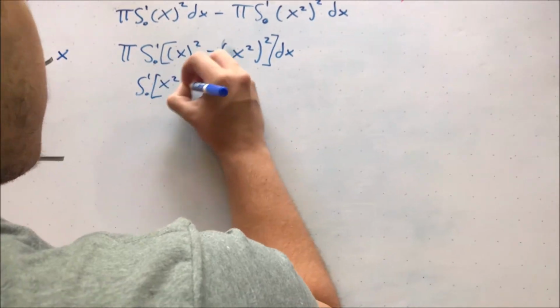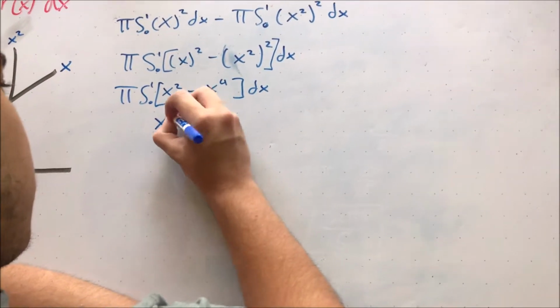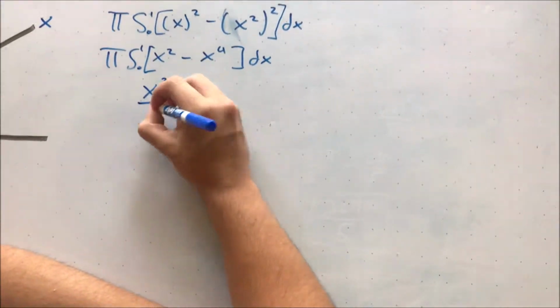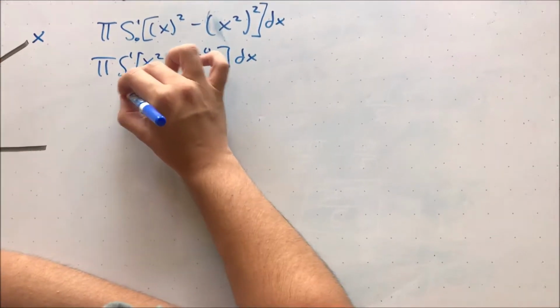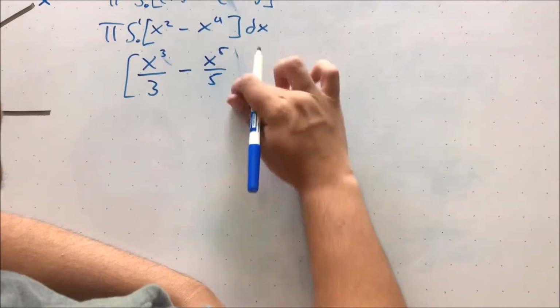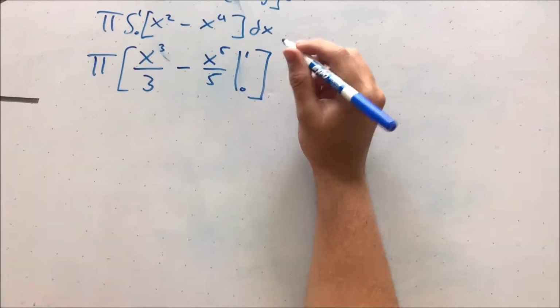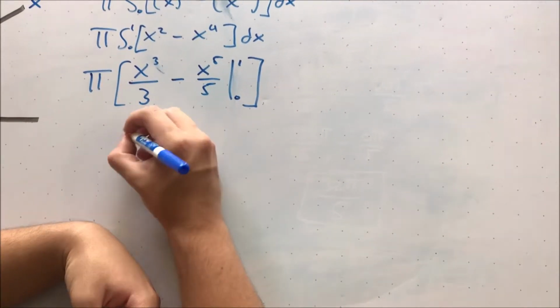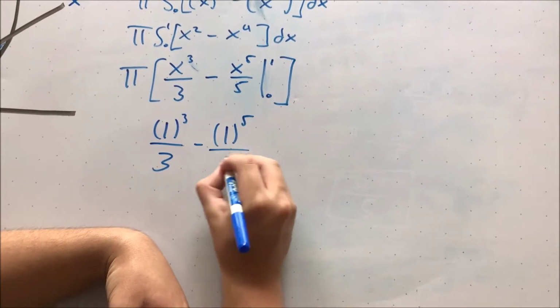So we can simplify the two integrals together to give us pi times the integral from 0 to 1 of x squared minus x squared to the 2nd power. And then again, we're going to continue to simplify, giving us x squared minus x to the 4th. And then we're going to take the integral of that, and we're going to get x to the 3rd power over 3 minus x to the 5th power over 5, evaluated from 0 to 1.